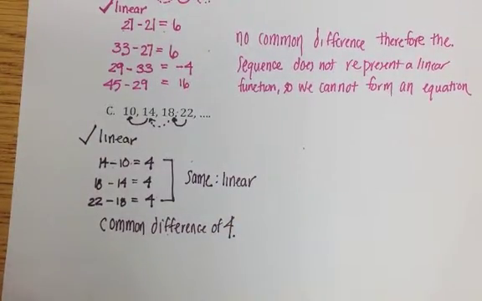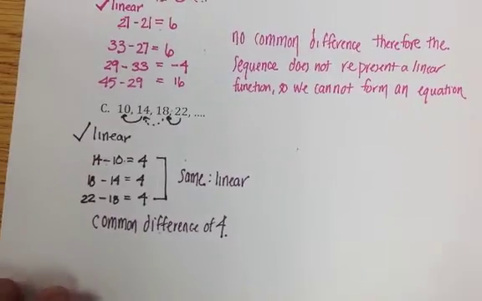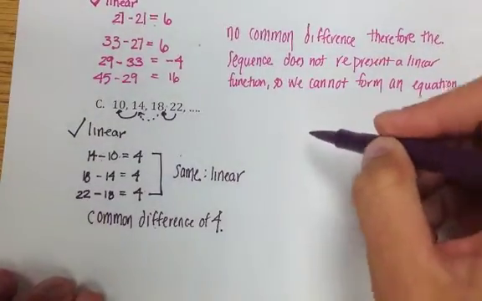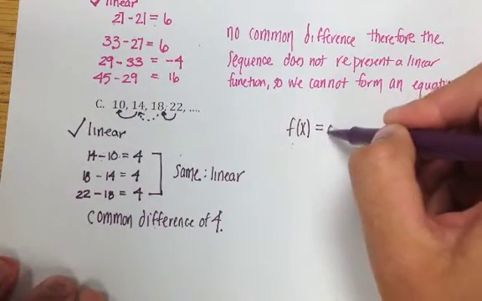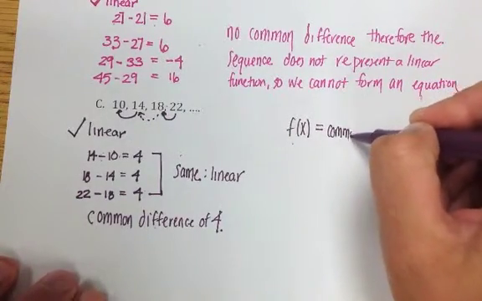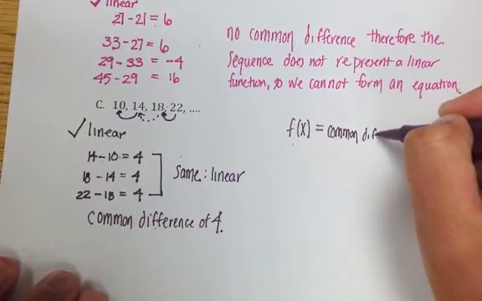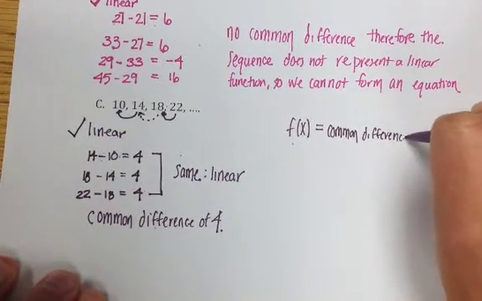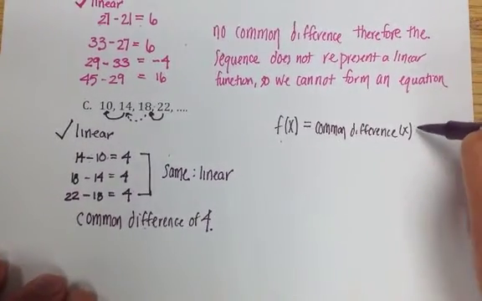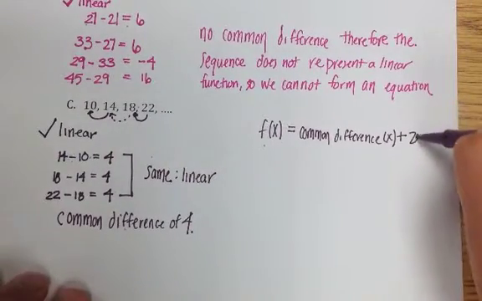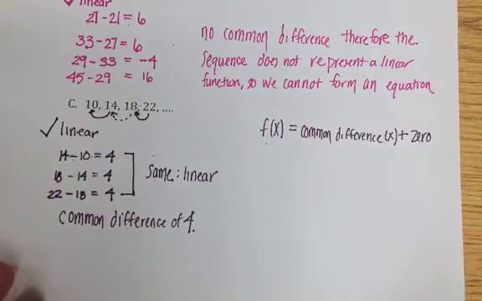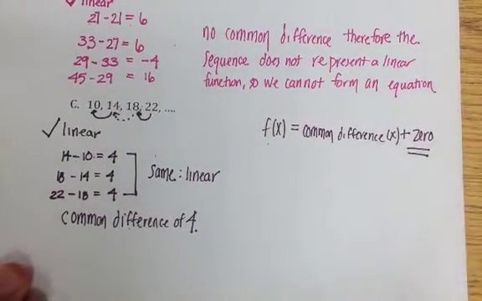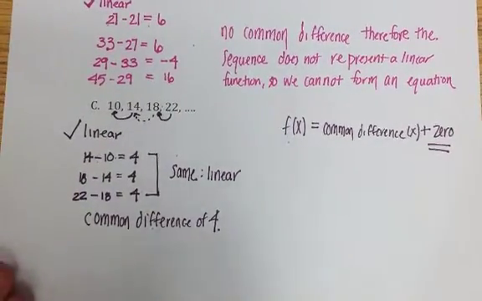So now we want to create that equation. So our equation we're going to be looking for is f of x equaling the common difference times x plus that zero term. So that zero term is our unknown. What if we go back a step?